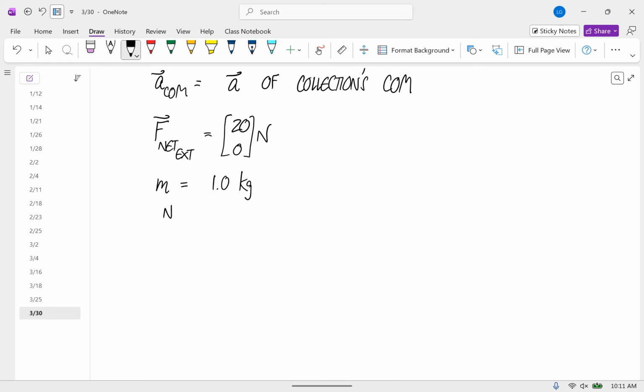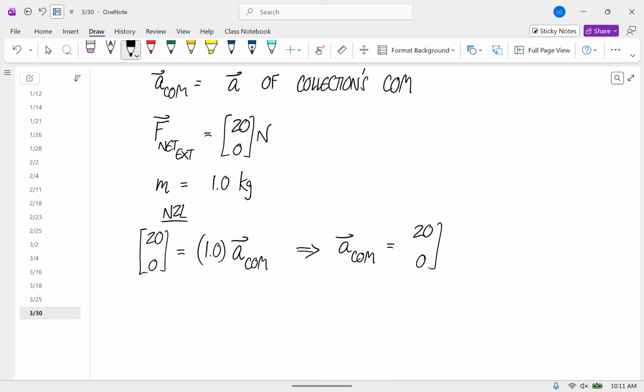And so Newton's second law says 20, 0 is equal to 1.0 times the acceleration of the center of mass. And so the acceleration of the center of mass is 20 meters per second squared.